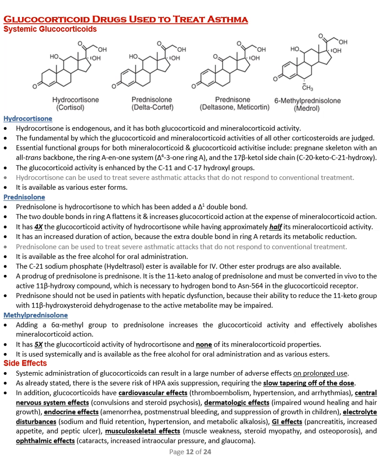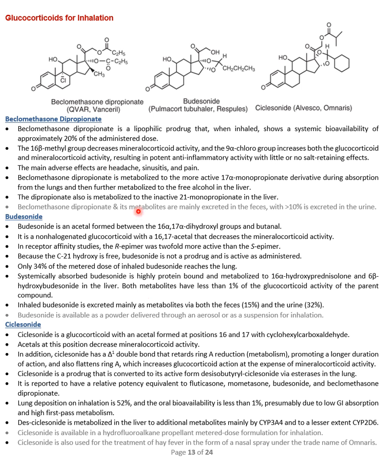Okay, the next group of glucocorticoids are the ones used for inhalation. And if you remember earlier when we talked about lipophilicity, one of the reasons we increased the lipophilicity for these glucocorticoids is to prevent them from being absorbed when they are inhaled.